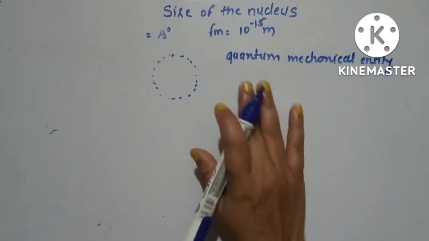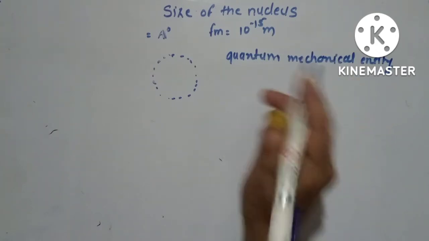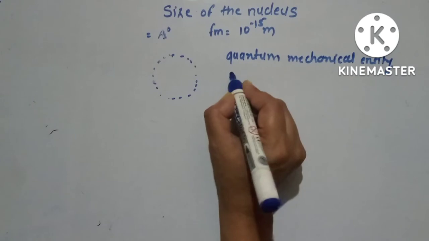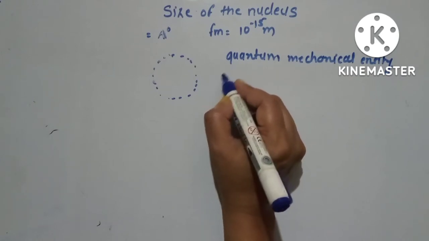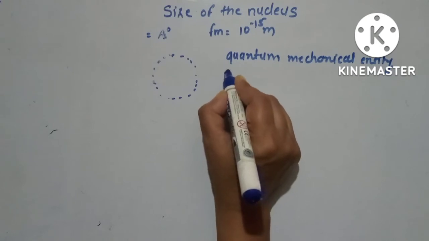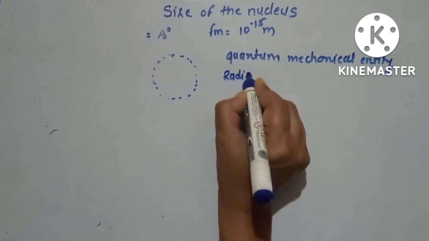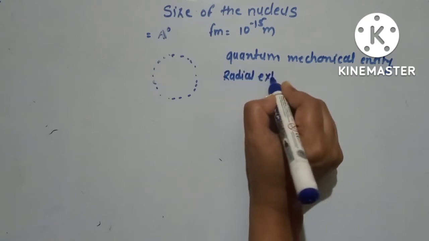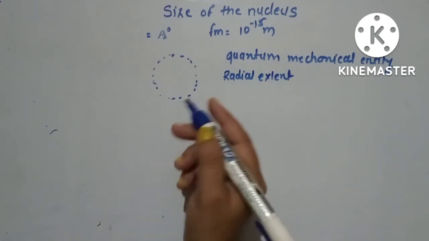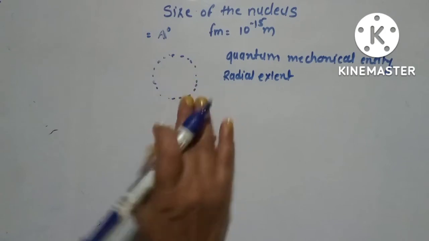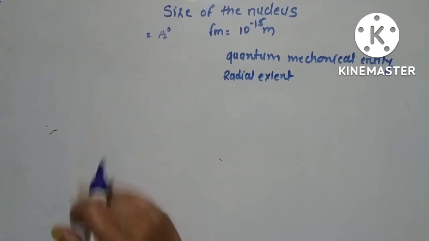So when you are talking in terms of waves, you cannot speak about the radius. You cannot say that the radius of the nucleus is like this. So I would like to use the word radial extent. Radial extent means the shape of the nucleus is somewhat like this.